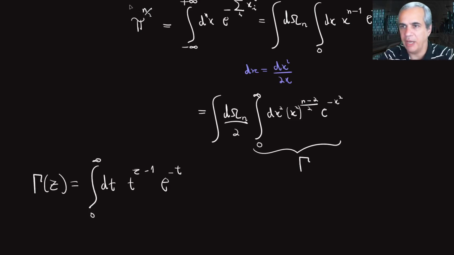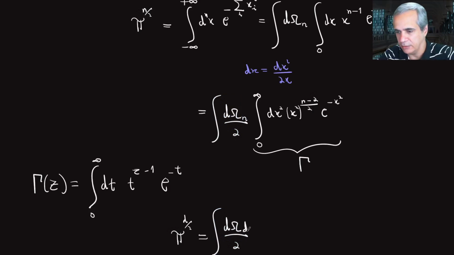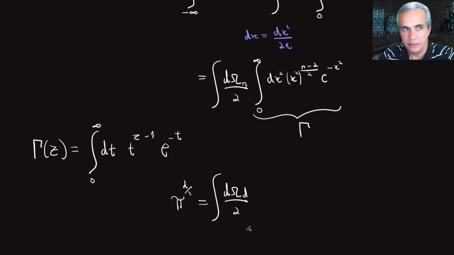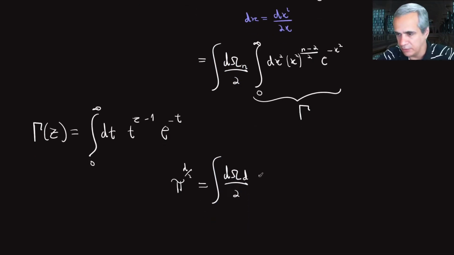So now what we have is pi, I'm generalizing to d. Pi to the power of d over 2 is equal to what I have here, so d omega times gamma, and again z is n over 2, that becomes d over 2.